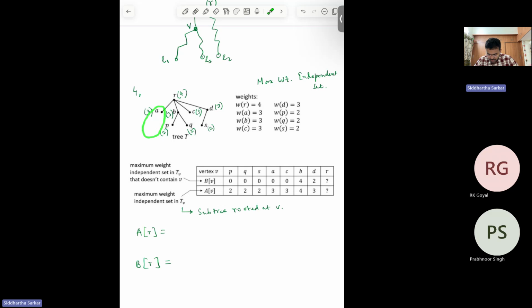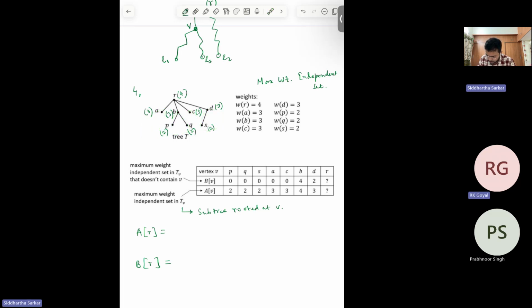So if you're not allowed to take R, then you can take the maximum independent set in this child of R plus this child of R plus this child of R plus this child of R. Because these subtrees rooted at the children are also disjoint, the question of overlap will not arise. So you can just take the sum of the weights of the maximum weight independent set at these 4 children.